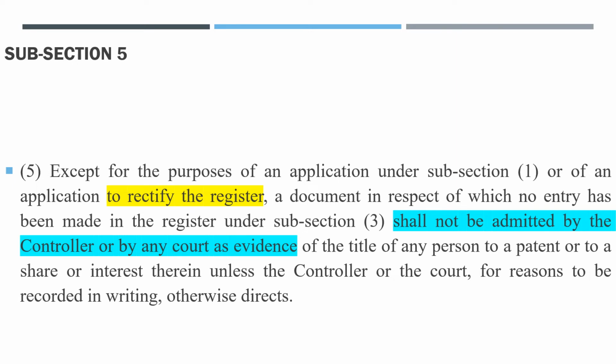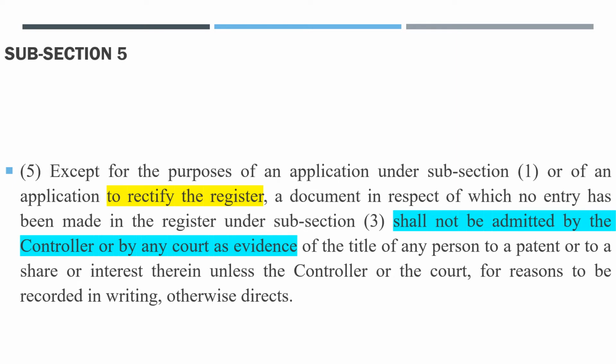Lengthy? Yeah. Here the key phrase is to rectify the register. And I will explain this subsection in a very simple way. Just listen. A document for which no entry has been made in the register under section 69 subsection 3 shall not be admitted by the controller or by any court as evidence of the title of any person to a patent, etc. unless the controller or the court directs, for reasons to be recorded in writing.